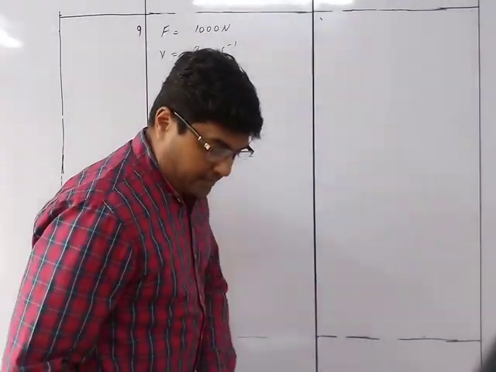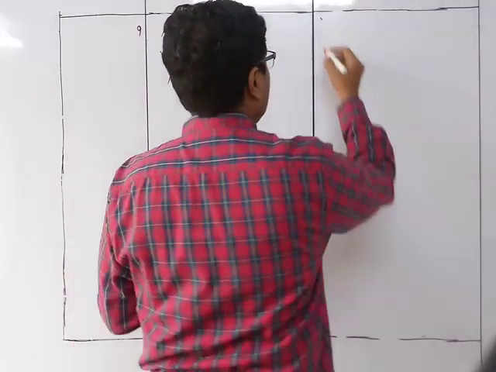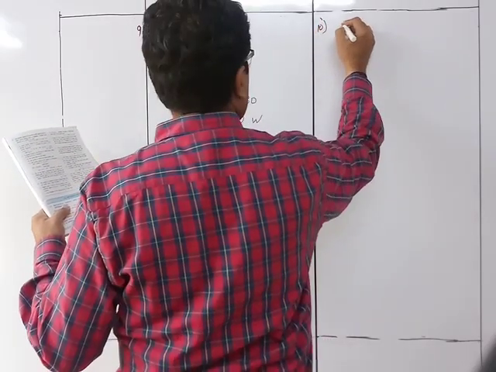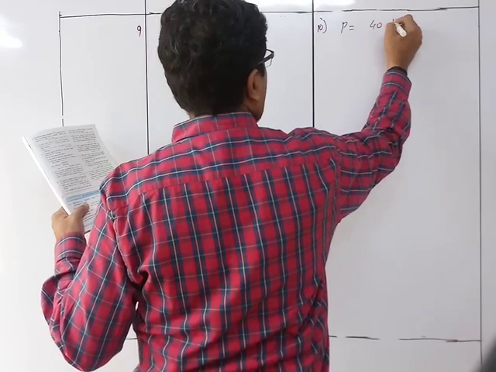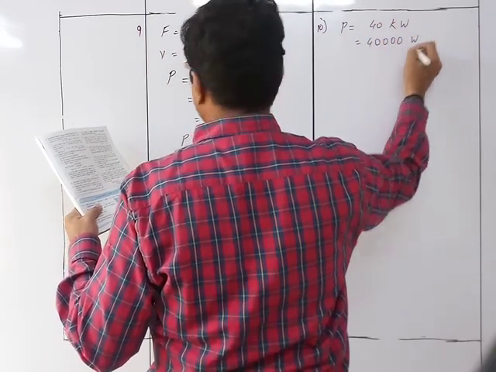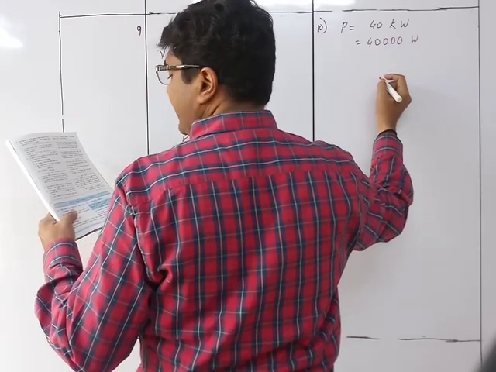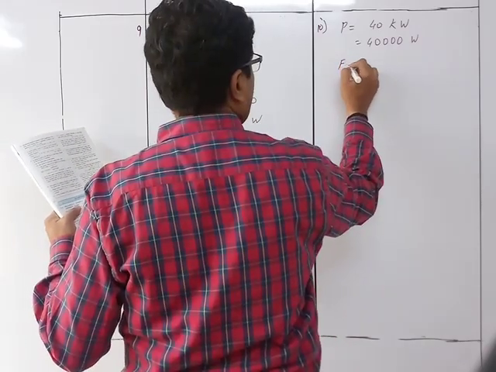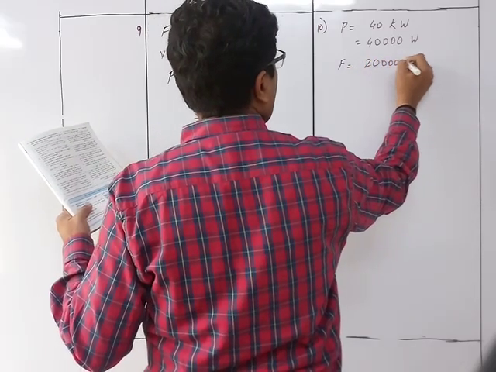Sum number 10. The power of a motor is 40 kW, which is 40,000 W. At what speed can the motor raise a load of 2000 Newton? So force = 2000 Newton.